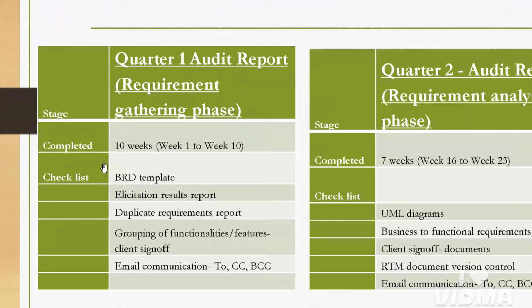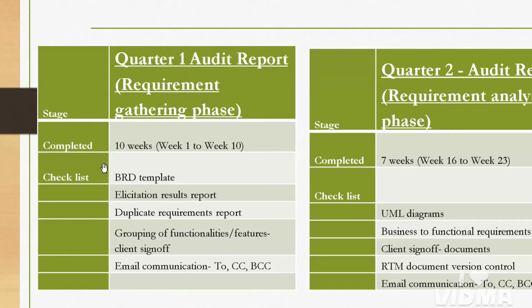After gathering the requirements from the client, we should work on the documents. We should prepare a few documents like BRD, FRD, and SRS documents. Whatever documents we prepared and whatever work we had done, we need to report to the audit team.